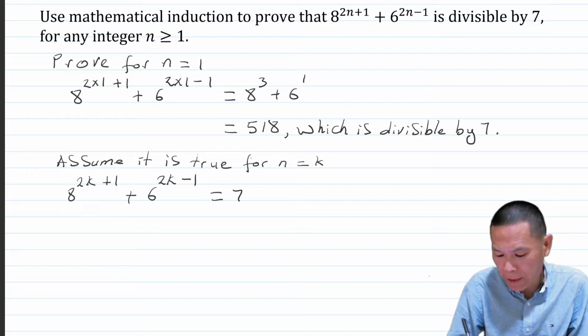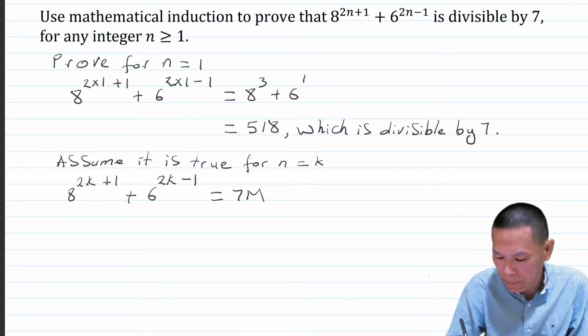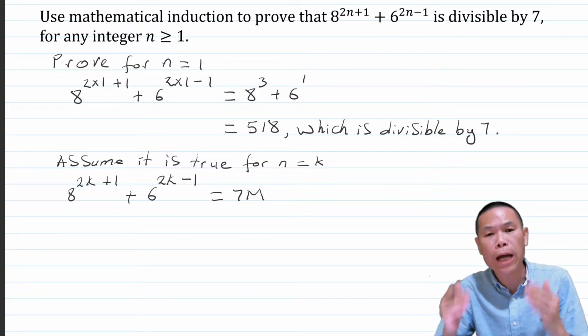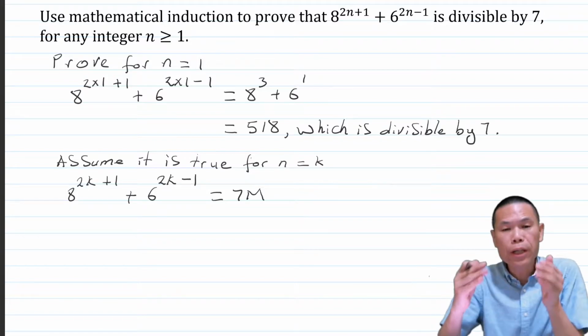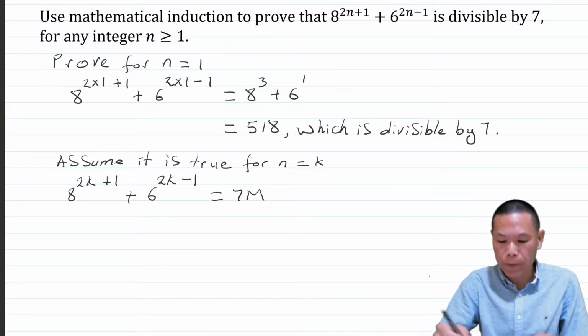So I can write 7m or 7p, doesn't matter. So I just write 7m. Then we need to prove it is true for n equal k plus 1. So in other words, we replace n with k plus 1.